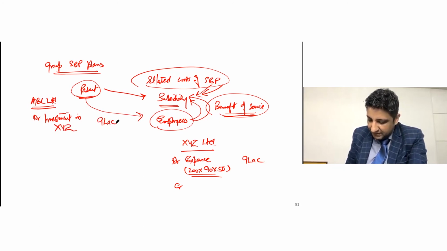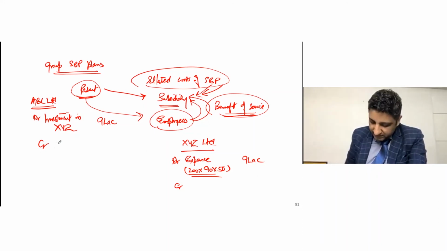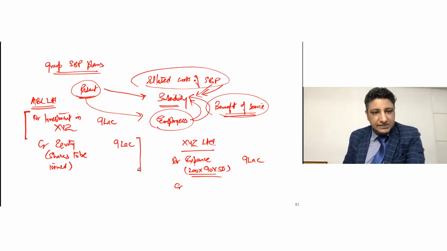To the extent of that 9 lakh rupees. Of course, since the shares in the parent company are issued, we may also say equity. We don't want to use the word shares or capital, but we simply want to use equity, and that may be explained as shares to be issued. So that would be 9 lakh rupees, right? So in the books of the parent company, we are saying there is an investment made by ABC Limited in XYZ. So that's where this accounting entry is, of course, built.